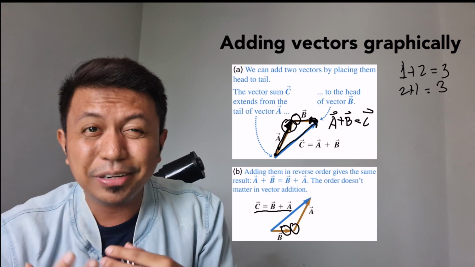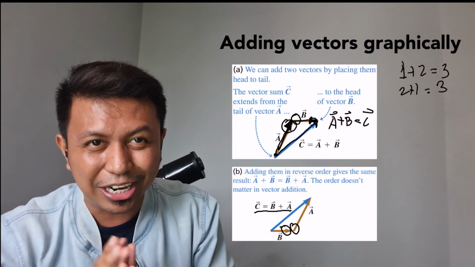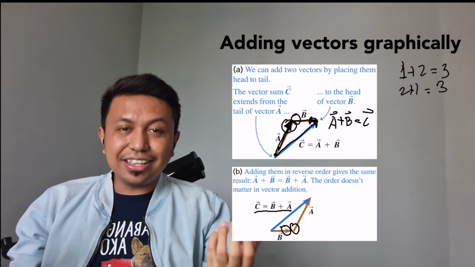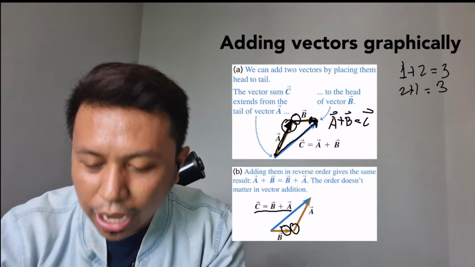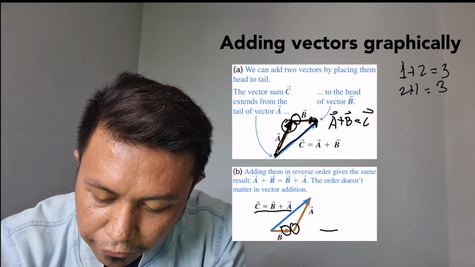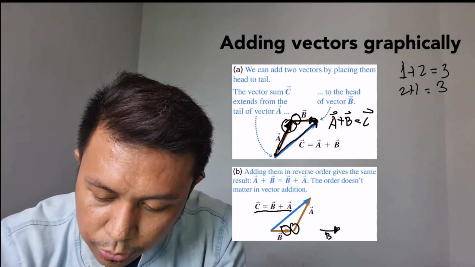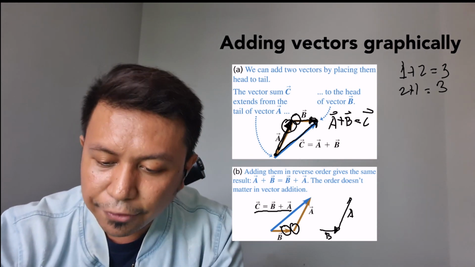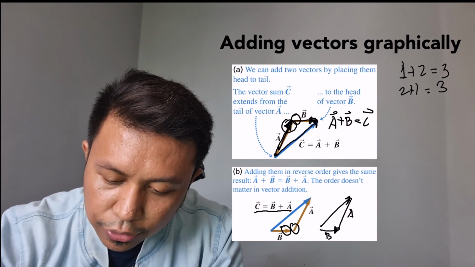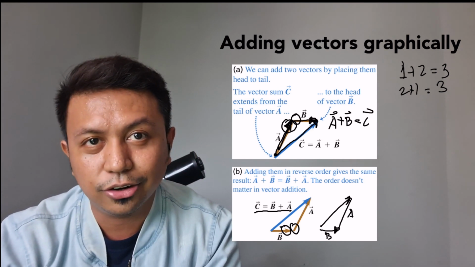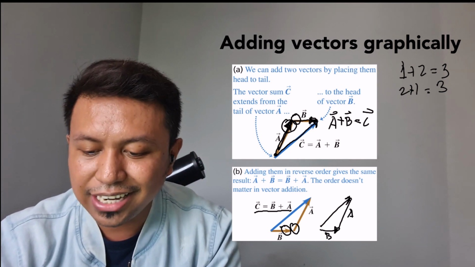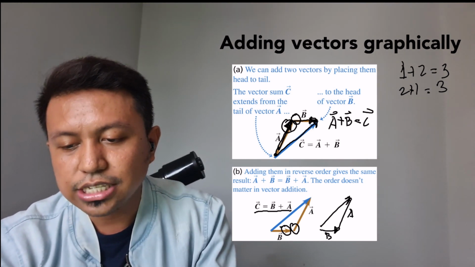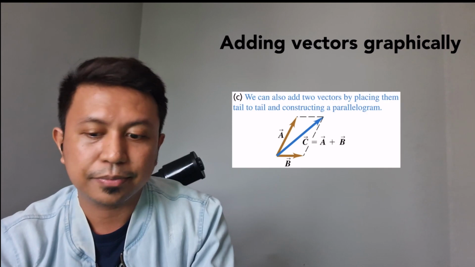Things will get complicated a little bit later. I'm sorry, but this is how it is talaga. So yes, we can flip it. If you want to put the head of vector B to the tail of vector A, you can do that. And then if you notice, same lang yung vector C or resultant vector mo, right? So it's basically the same length. It has the same angle. So that's for adding vectors graphically.